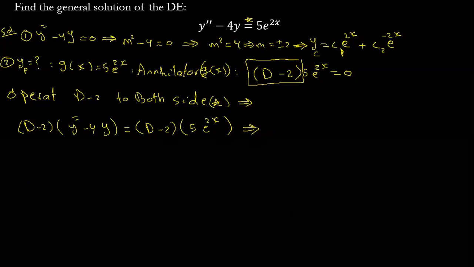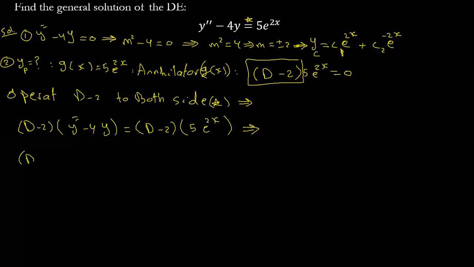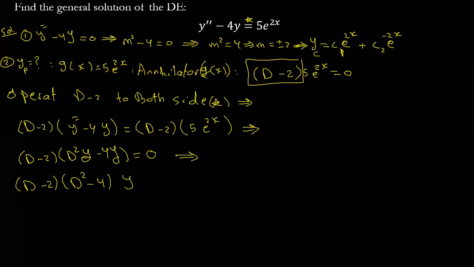So I'm going to write my equation now in this formula. Let me write d minus 2, d squared y minus 4y, equal 0. Now in this equation I can take the y as a common factor. So I'm going to write here d minus 2 bracket d squared minus 4 all y equals 0.